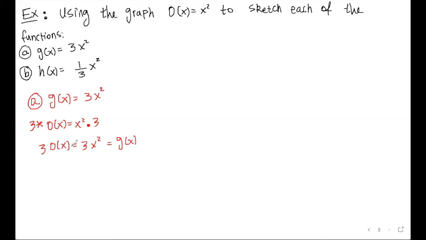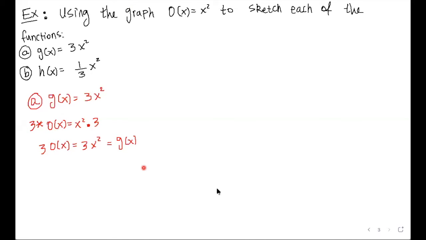So to graph this function g of x, we have to graph the original function f of x, then multiply by 3. The 3 here is outside the function. So 3 times f of x, where the original function is x squared here.